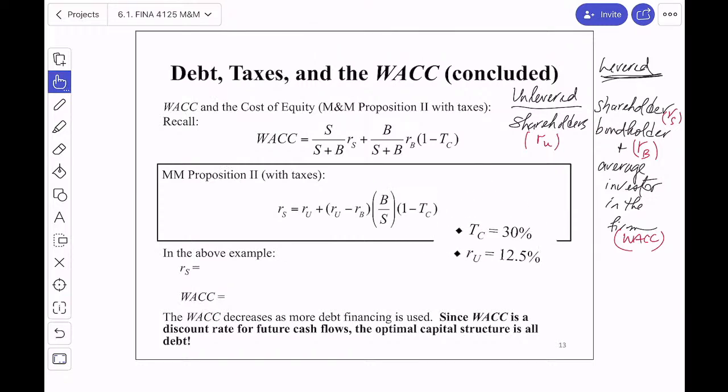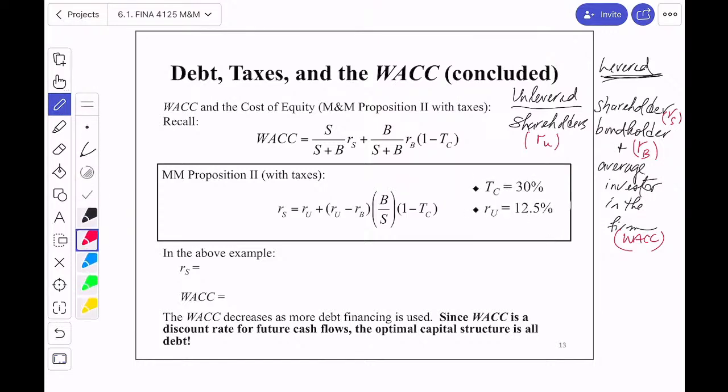Okay, so remembering this information, and that B is 100. What else do we need? What else do we need?